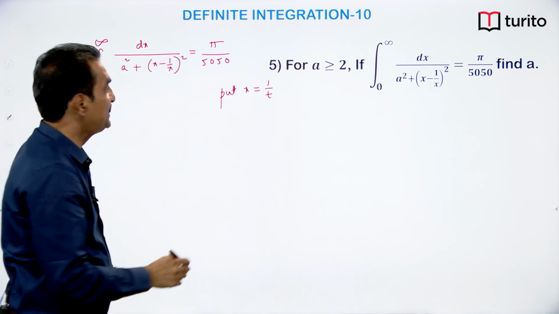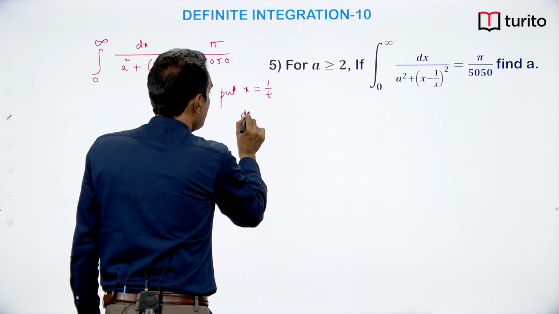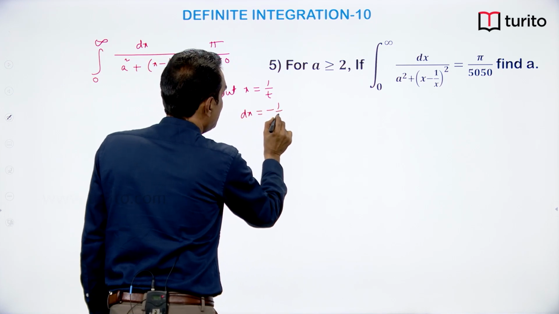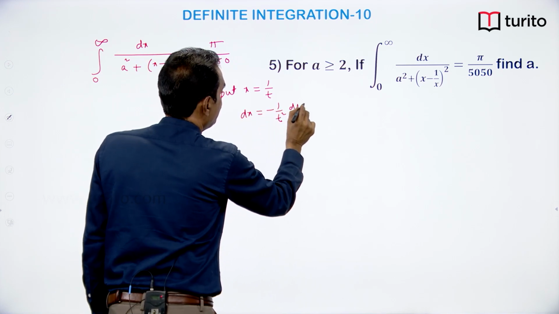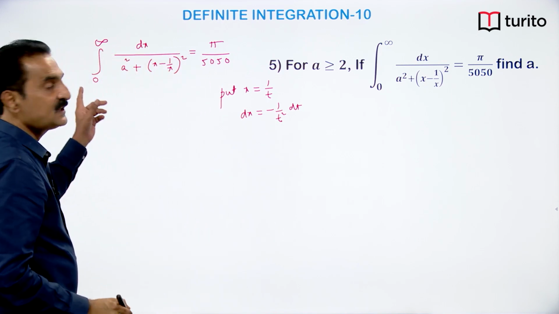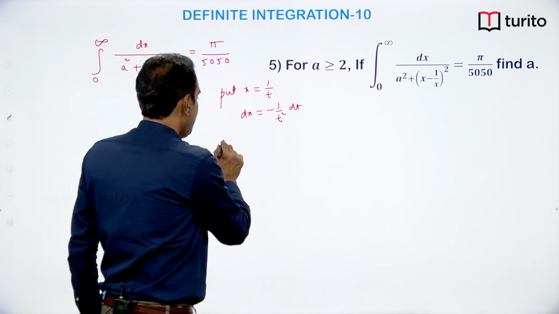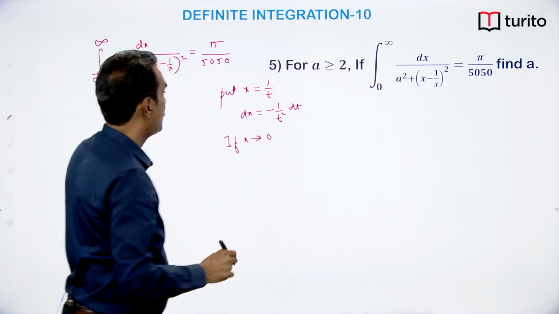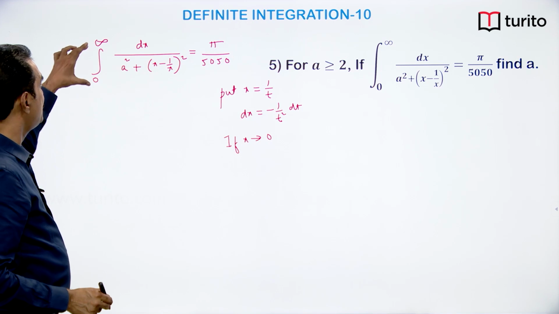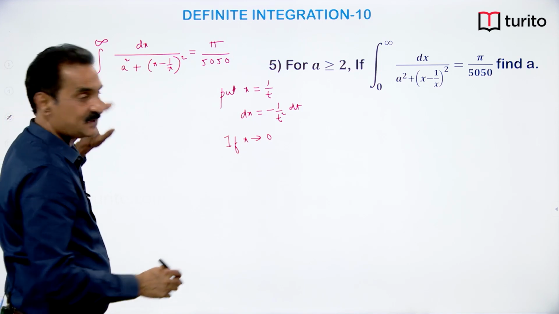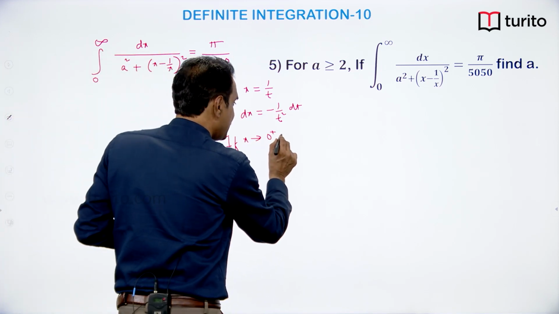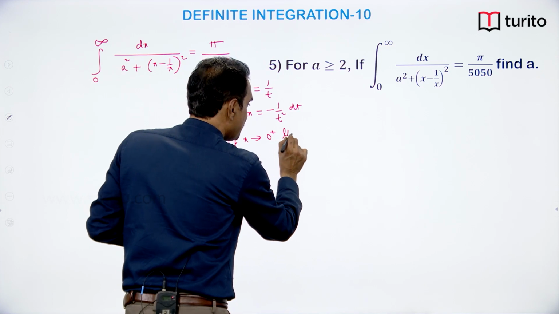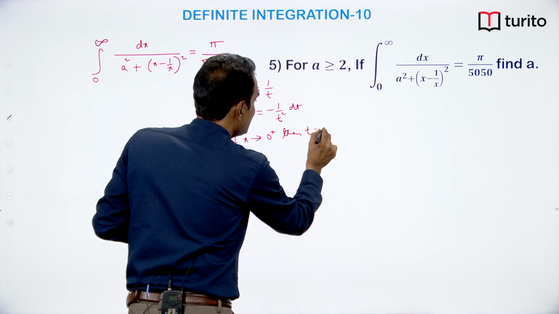Putting x is equal to 1 by t, dx is equal to minus 1 by t square dt. And what are the limits? New limits. If x tends to 0, here actually 0 to infinity means it must be 0 plus, x is approaching 0 from right side. Then t tends to what?